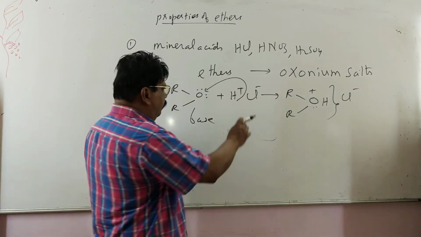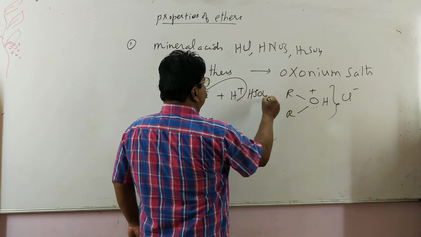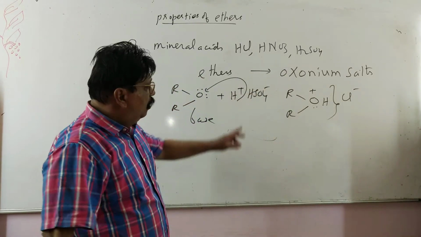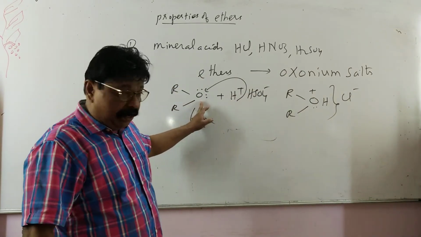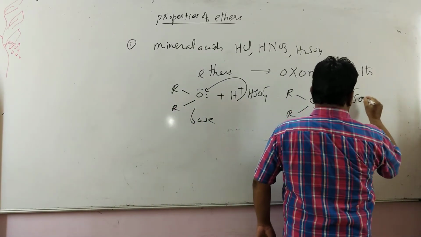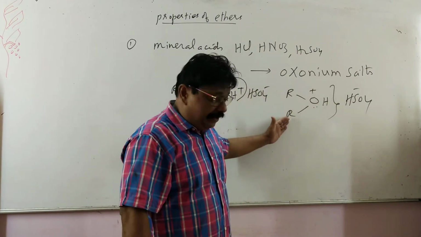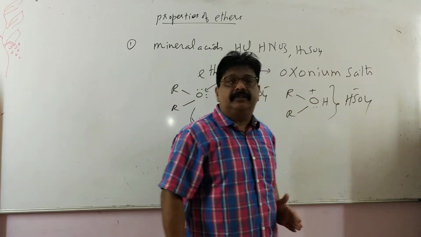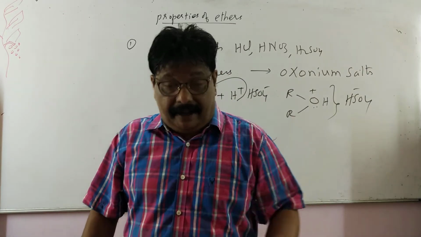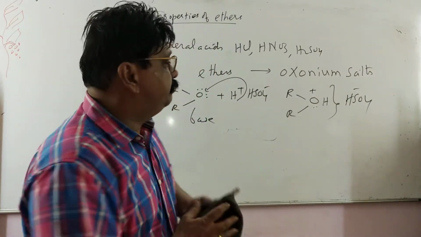Similarly, if I take H2SO4, one H plus will be gained by one lone pair. What is the name of this? Dialkyl oxonium bisulfate. It can be ethyl, it can be methyl, any ether we can take here.